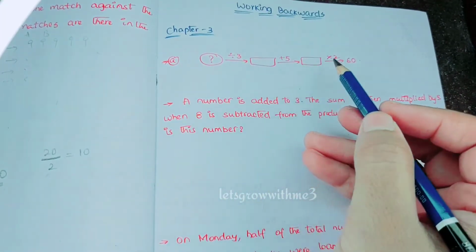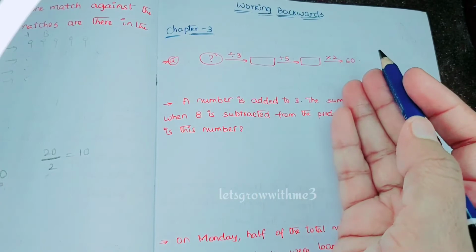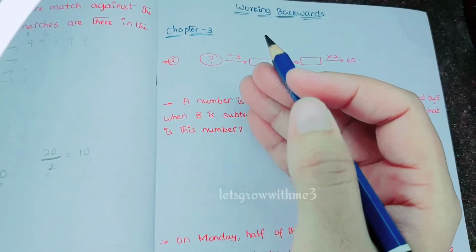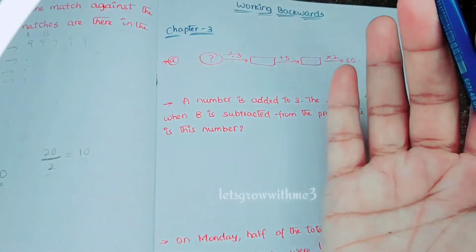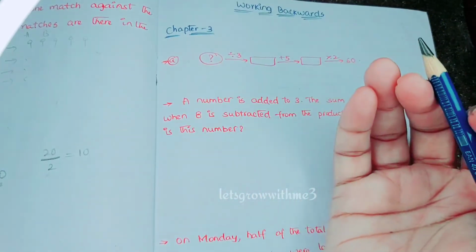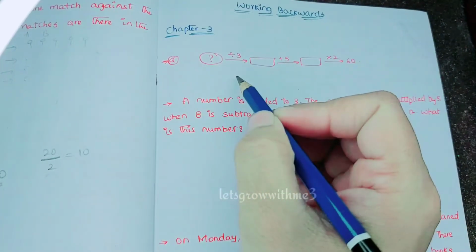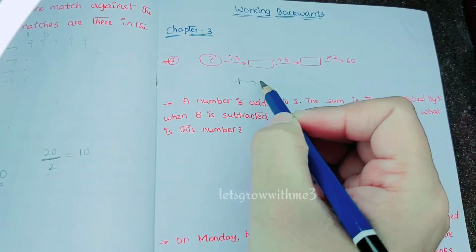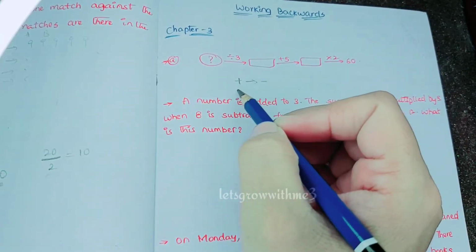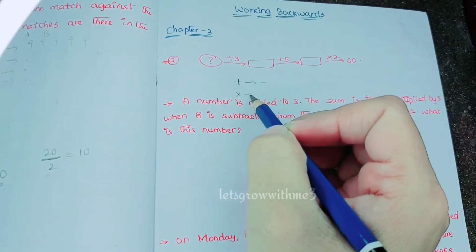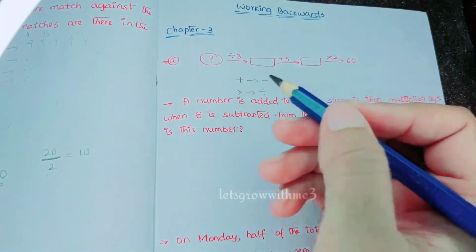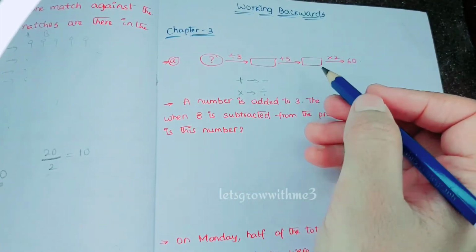If we have addition, you need to do subtraction. The reverse of addition is subtraction, and the reverse of subtraction is addition. For multiplication the reverse operation is division, and the reverse of division is multiplication.